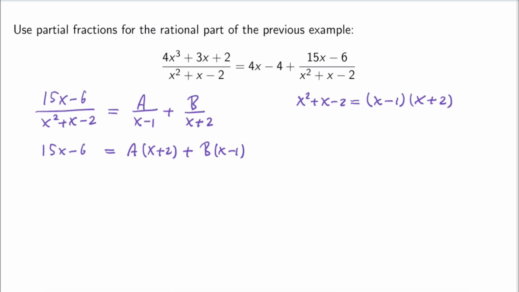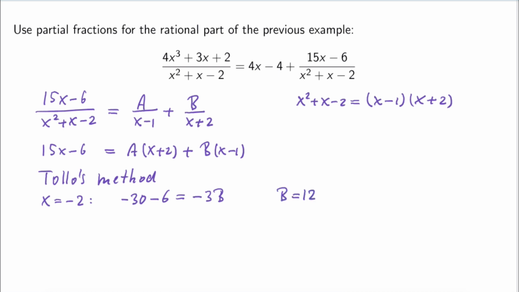And now we use the cover-up method by subbing in x is minus 2, which makes the first linear factor 0, and subbing in x is equal to 1, which makes the other factor equal to 0. If we do this, so let's say x is minus 2, then on the left-hand side we get minus 30 minus 6, and then the a term vanishes, and the b term has a minus 3 times b. So then we get minus 36 is minus 3b, so making b equal to 12.